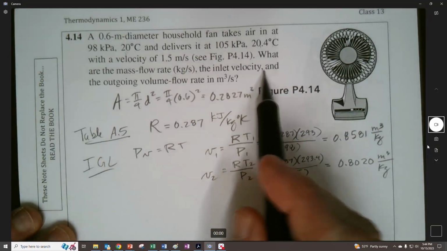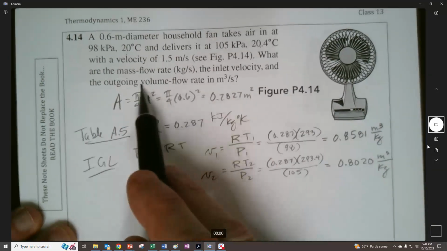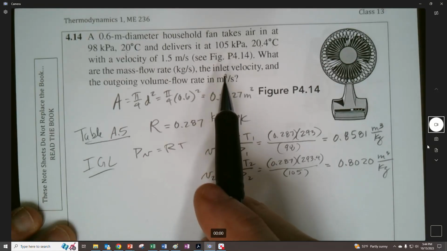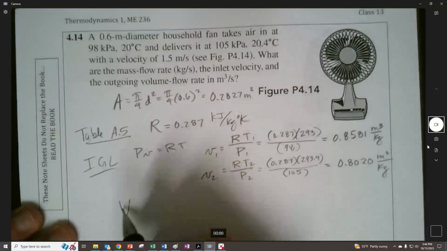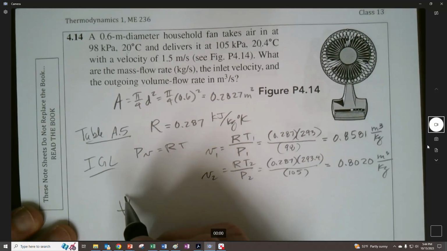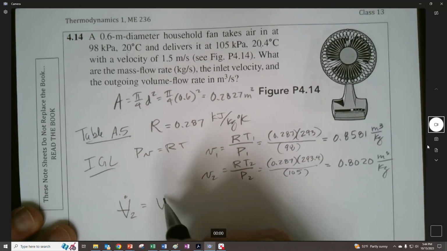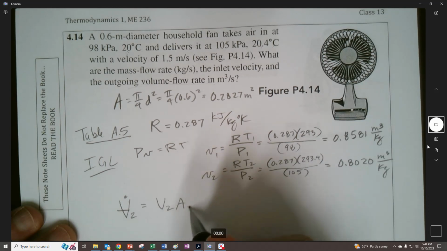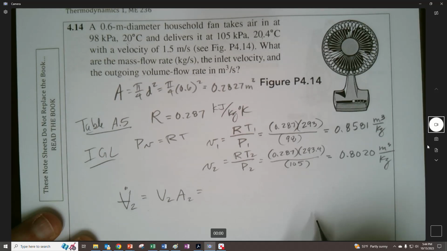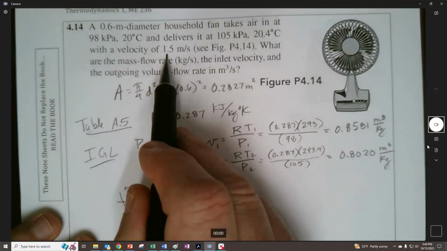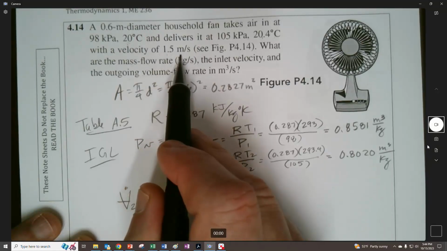It's kind of the last thing they asked for, the outgoing flow rate. We can multiply the velocity times the area. Velocity times area is the volume flow rate, and we were given the velocity right here.